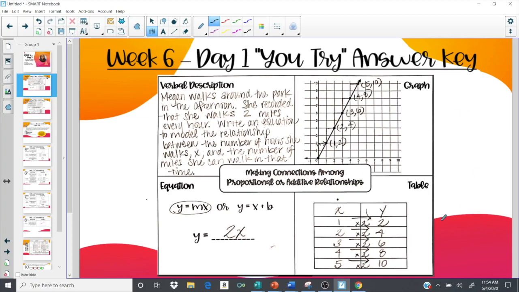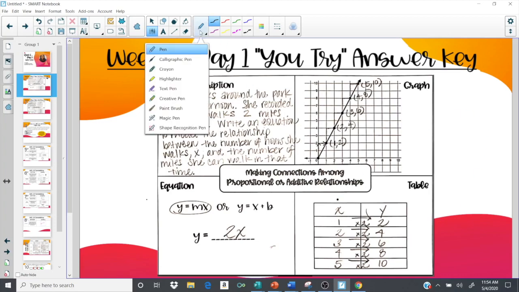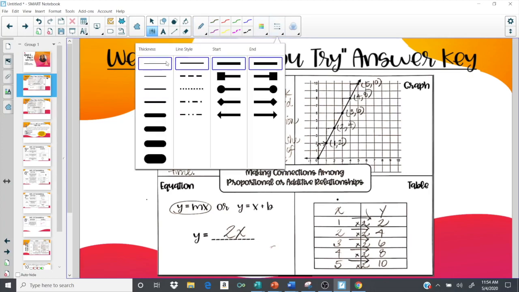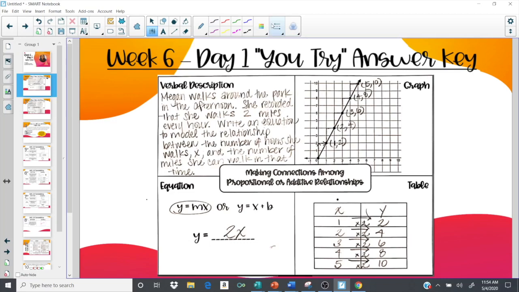From there, there are 2 ways to determine your slope. One, you can find the relationship between your x and y values. So here, I have to think to myself, how can I go from 1 to 2, 2 to 4, 3 to 6? What's happening each time?